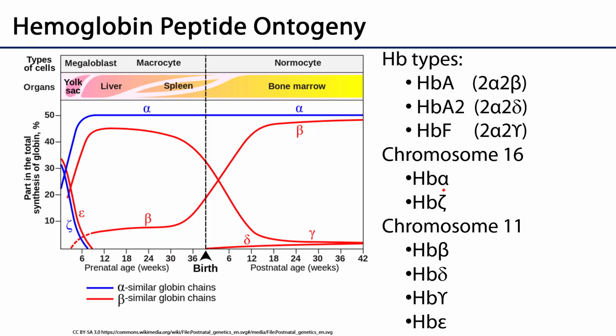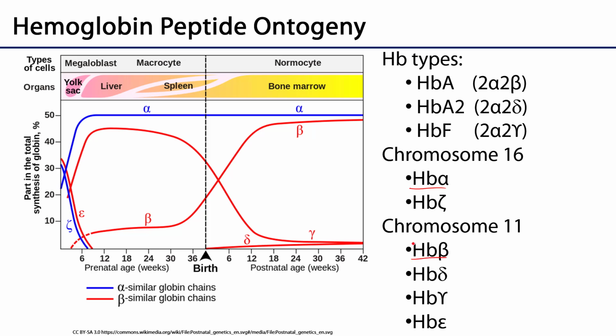Now, hemoglobin peptides are coded for by different alleles and in different places. So there are quite a few. There's an impressive panoply of globin proteins, and they fall into two categories: alpha, or alpha-like, and beta, and beta-like.